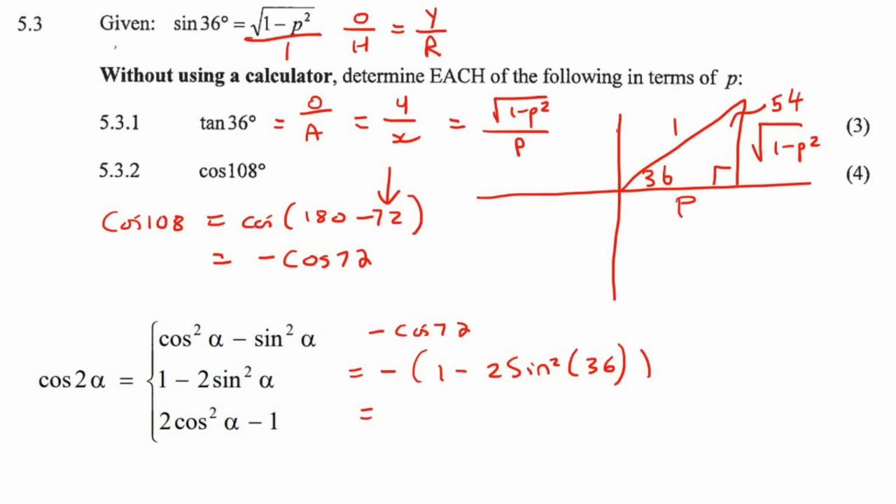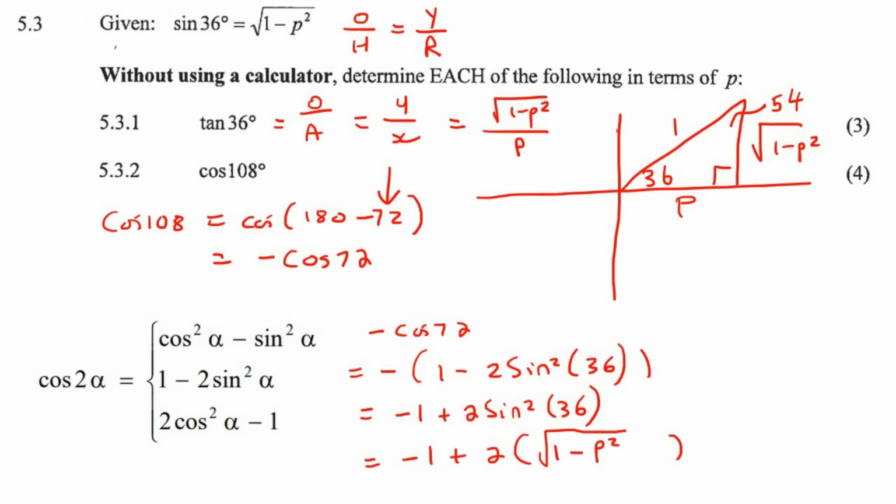Then I'll multiply the negative in, so negative 1 plus 2 sin squared of 36. So we say minus 1 plus 2, and then sin 36, we already know that's this one up here at the top, or you could work it out again from the diagram, and then it's to the power of 2, because they said sin squared over here.